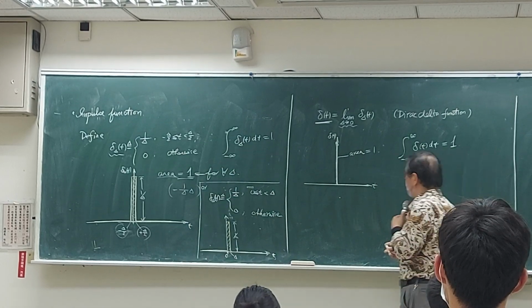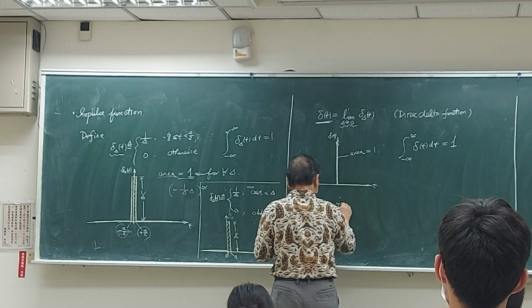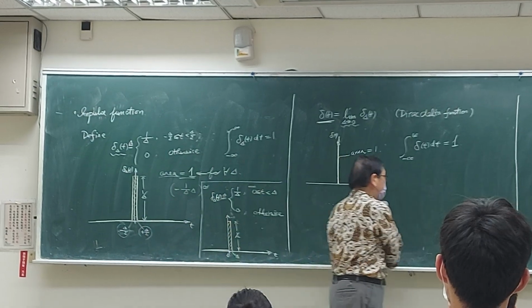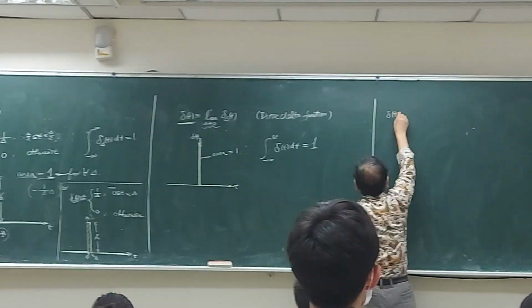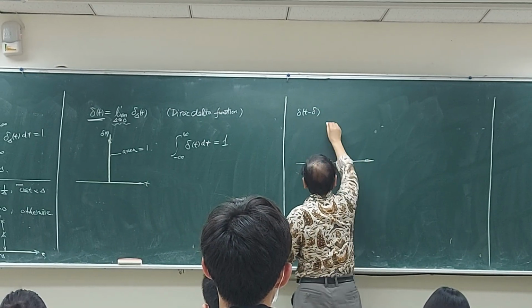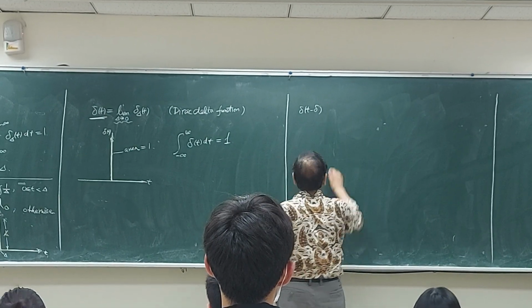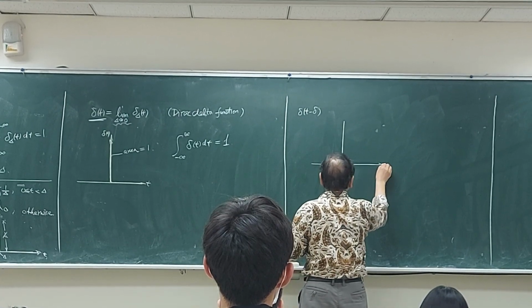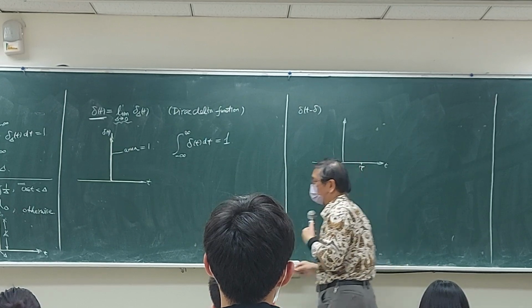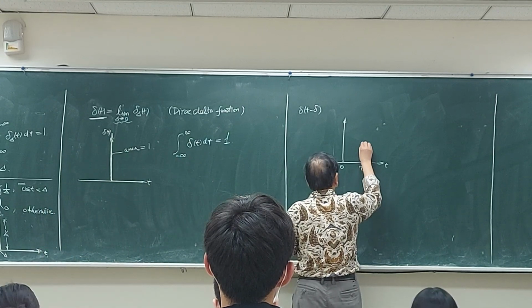And then what about this: if I shift the argument and define it over here, then this impulse appears over here.